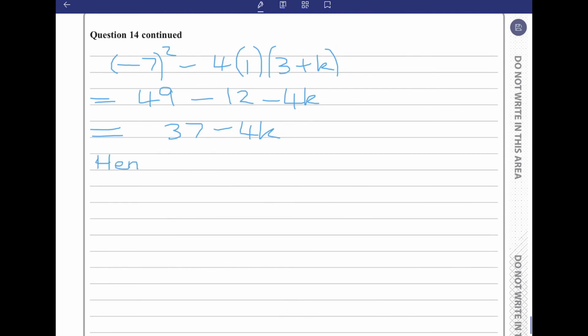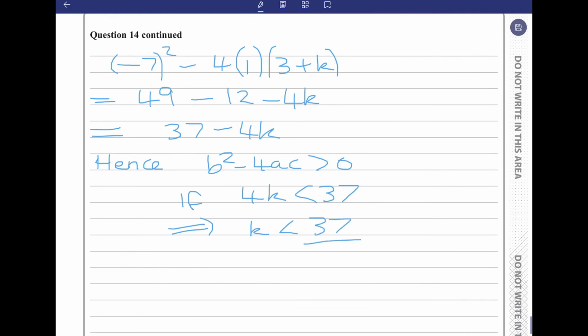Hence, b squared minus 4ac is greater than 0 if 4k is less than 37, and hence k is less than 37 over 4.